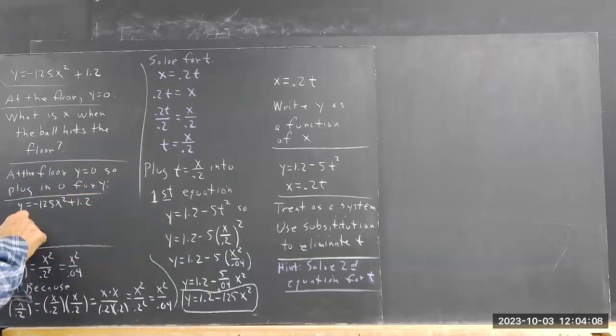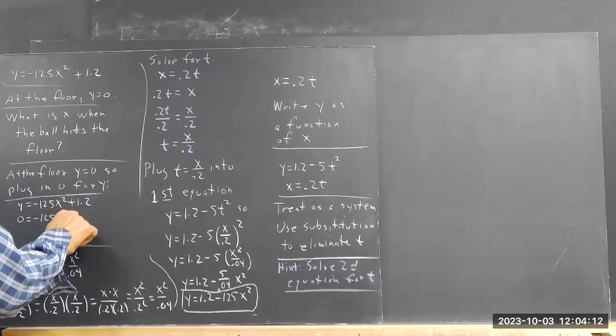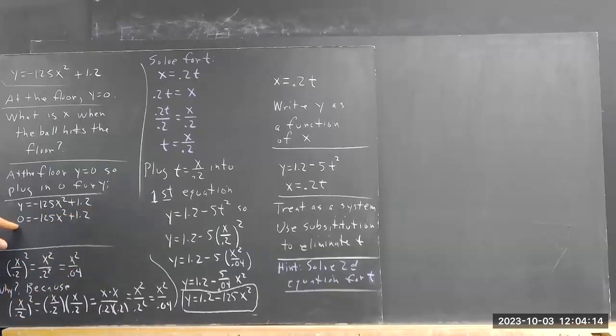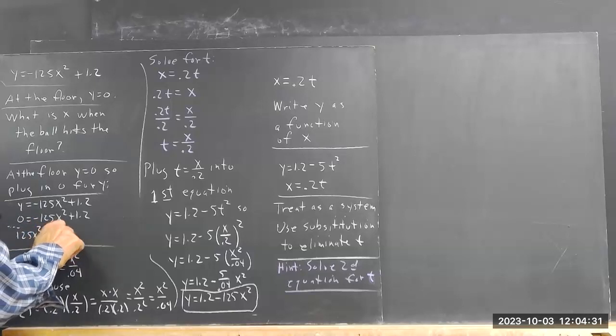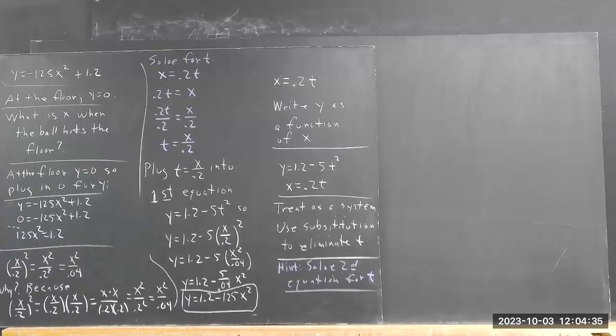There's your equation. So we're going to let y equal 0, and then we're going to subtract 1.2 from both sides. We're going to end up with, just going to put 3 dots here, 125x squared equals 1.2.